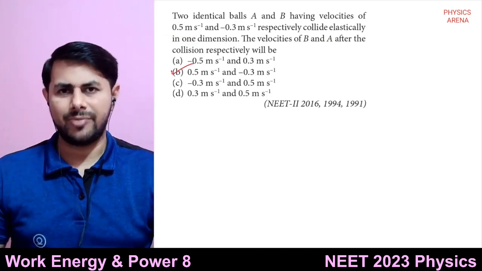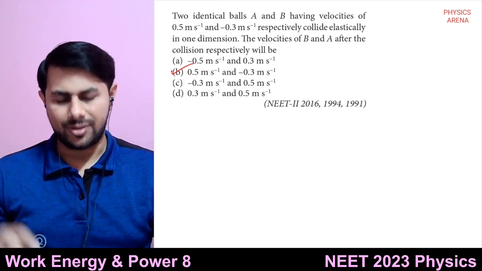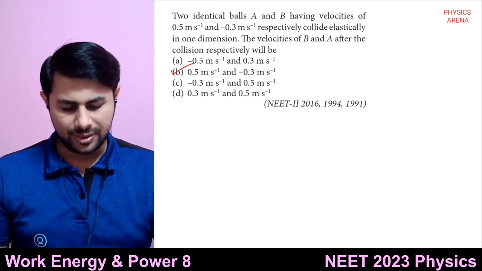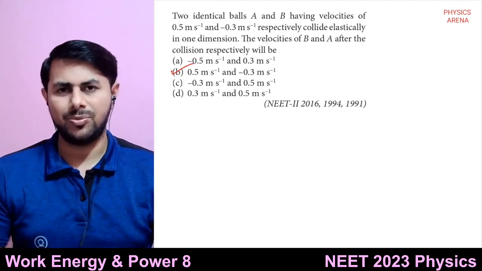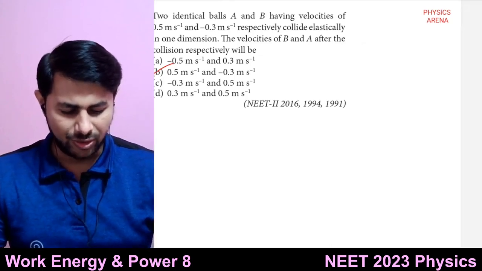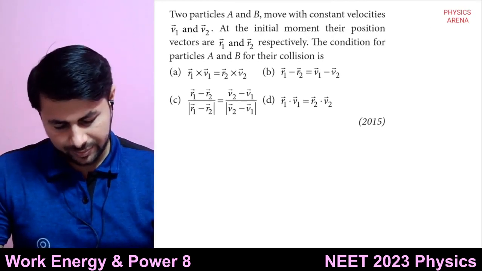We just have to remember that when two identical masses collide elastically, then their velocities get exchanged. Then it is very simple. Otherwise, if you use the formula and solve, it will take a lot of time. All right, let's see the next question.